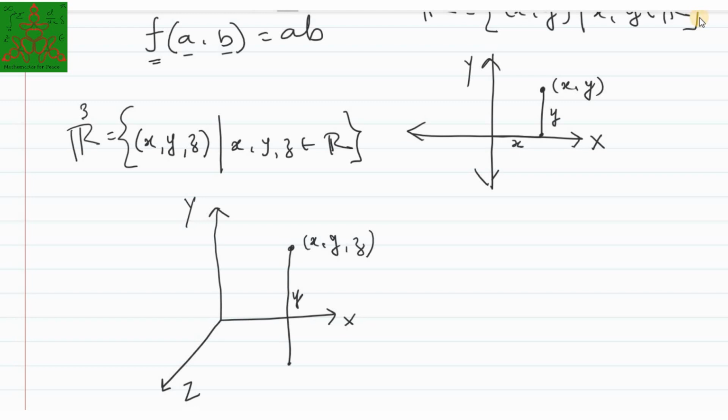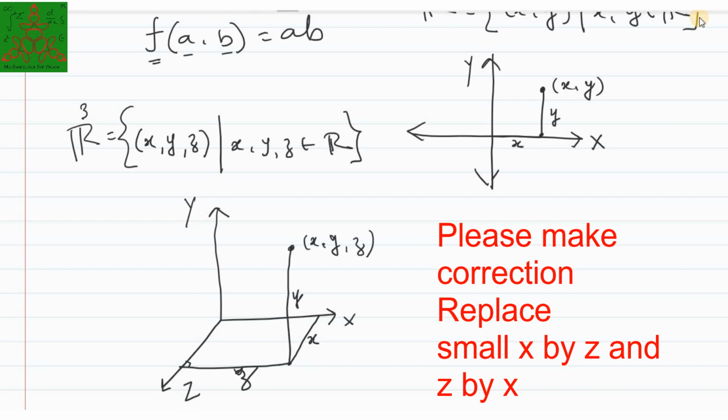The perpendicular distance on the x-axis is x, and on the z-axis, if you draw a perpendicular here, this distance is z. So in this way any point in R^3 will be represented. These things you already know.